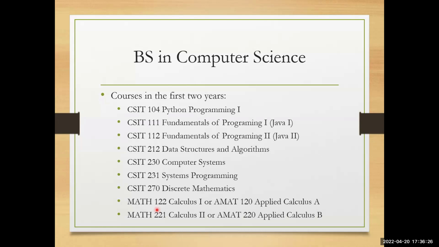In the first 2 years, students in our major usually take these courses: CSIT 104, Python programming; CSIT 111 and 112, which is Java programming; and then data structures, computer systems, systems programming, discrete math, and calculus 1 and 2.